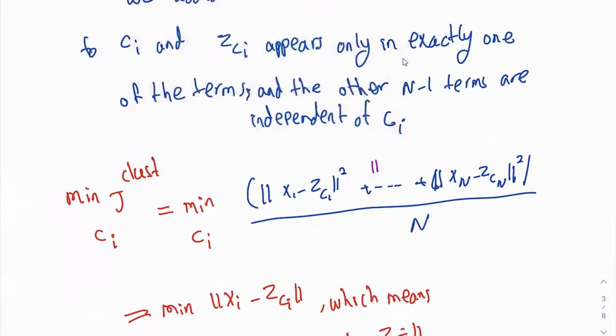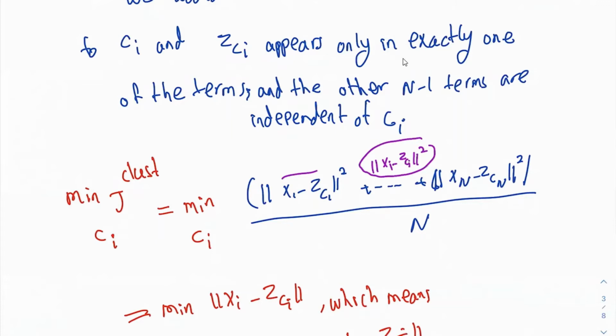ci is somewhere here, right? Xi minus z_ci squared. So I'm going to minimize it with respect to ci. I have n terms: the first term, the second, and all the way to n terms. I have ci only in one of them. The other n minus 1 terms do not have any ci.